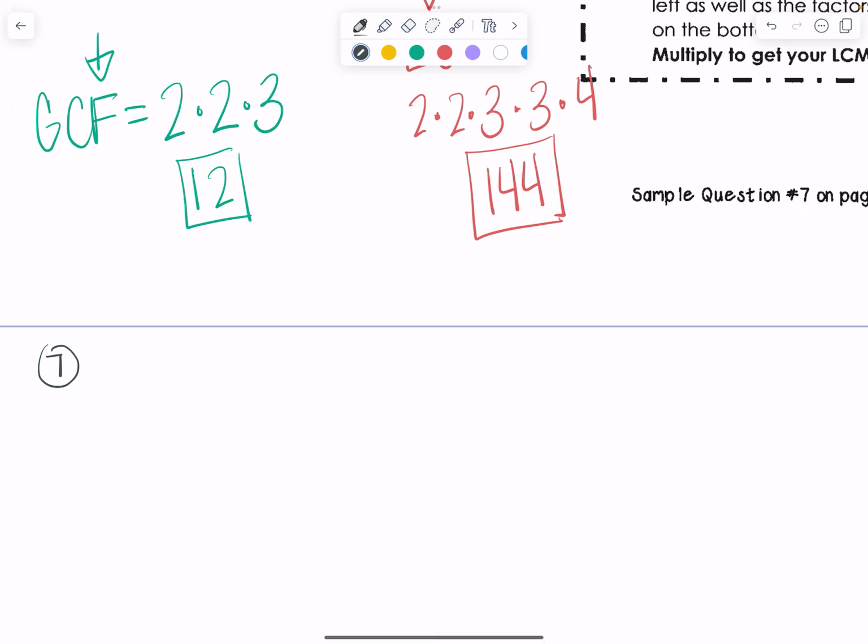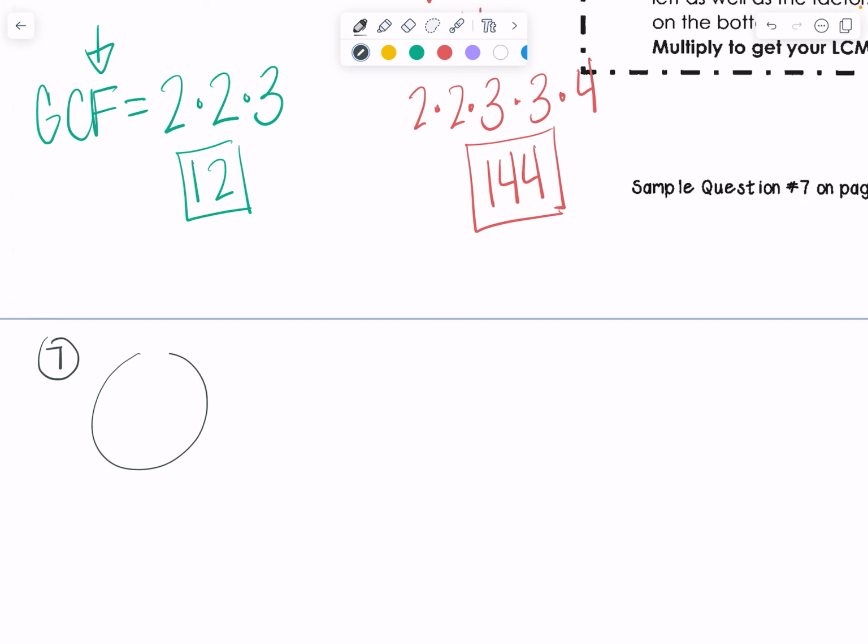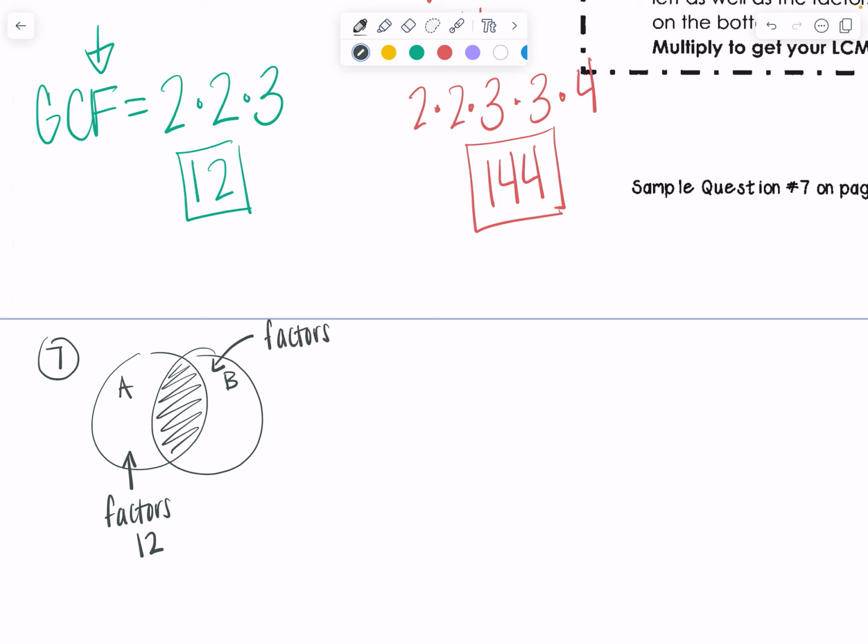Number 7 says, in the Venn diagram below, circle A represents the factors of 12, and circle B represents the factors of 26. How many numbers are included in the shaded region? The shaded region means how many numbers are included in both the factors of 12 and the factors of 26.